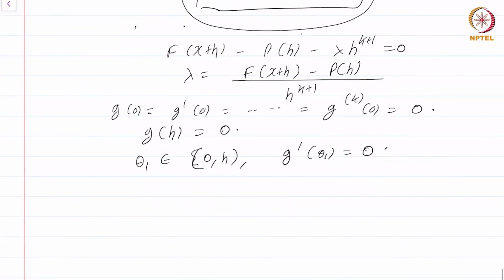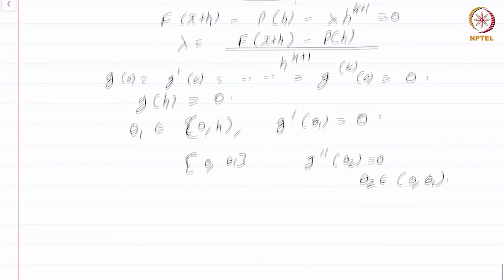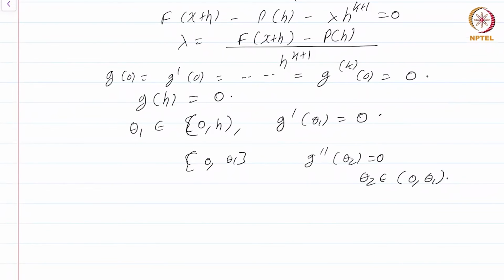Similarly, applying Rolle's theorem again to 0 theta 1, we will be able to conclude that g double prime of theta 2 is 0, where theta 2 comes from 0 theta 1. When you apply this repeatedly, we will get all the way to a point theta k somewhere in 0h such that g to the k of theta k is 0, right?